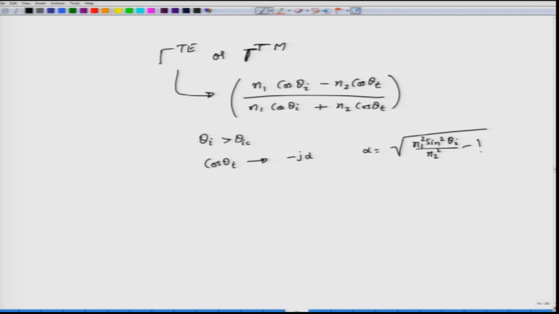So, this is what we wrote. This theta I times N1 remains a real quantity. So, what we have for gamma TE will be some real quantity plus j alpha, because minus and minus becoming plus there, divided by N1 cos theta I minus j alpha.